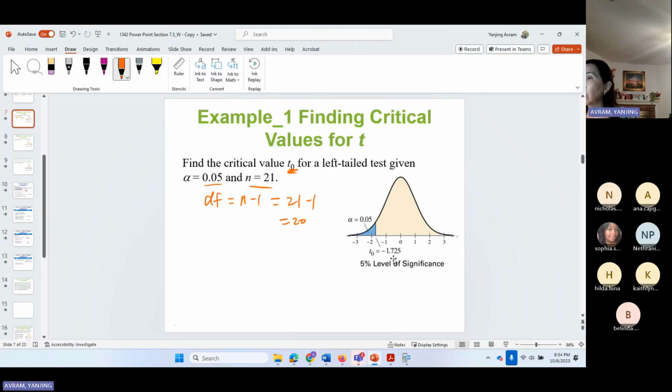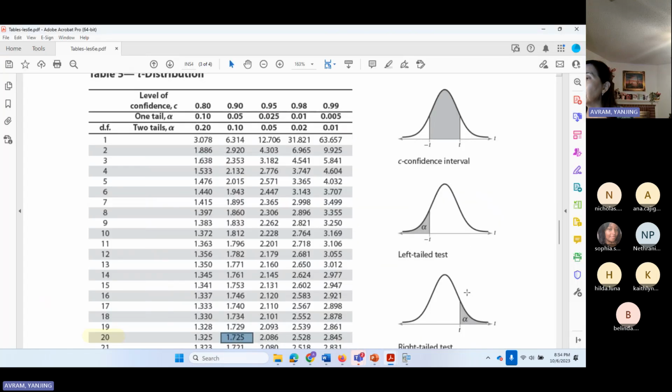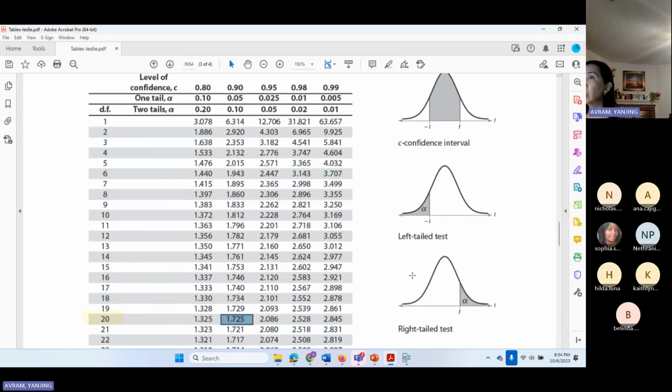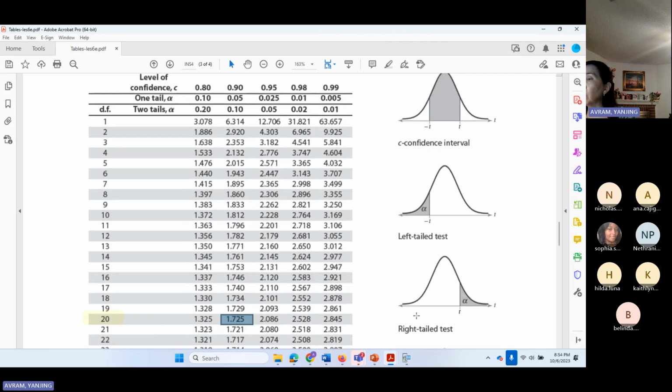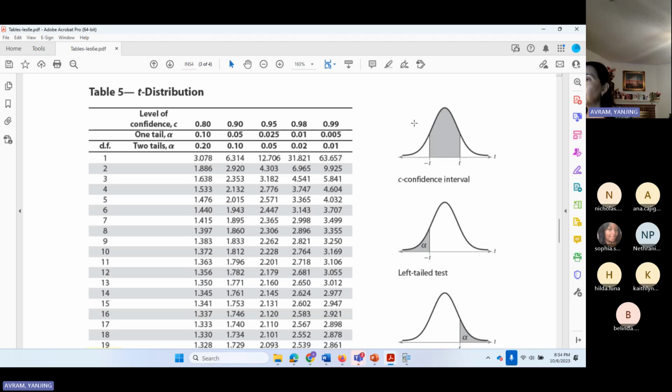Very, very important here is the t-value from the table is always giving you the area to the right. If you have an area to the left, you're going to have a negative t-value. If you have a two-tail test, one t will be positive, one t will be negative.